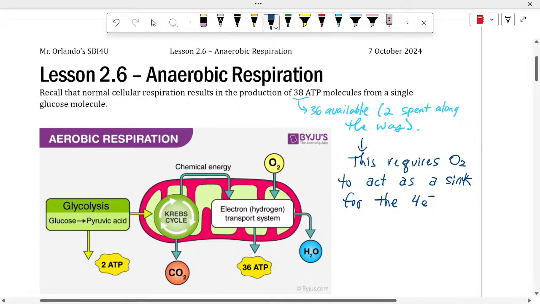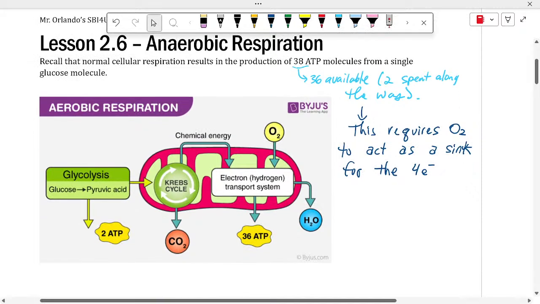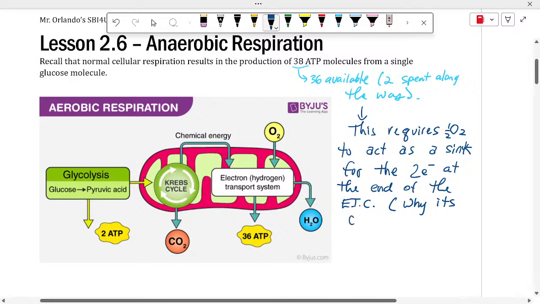I guess we'll say 4 electrons because it's 4 electrons for every O2. Well, actually, I'm going to stick with that 2, and put a half on the O2, for the 2 electrons at the end of the electron transport chain. That's why we call it oxidative phosphorylation.